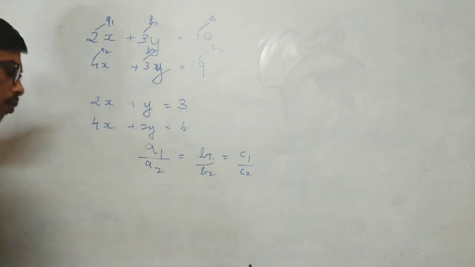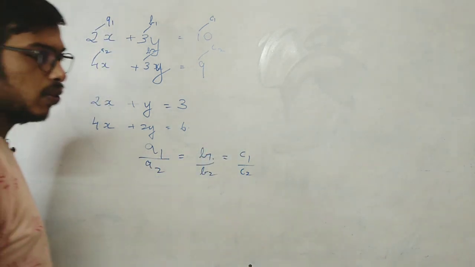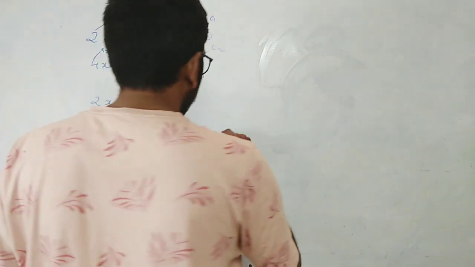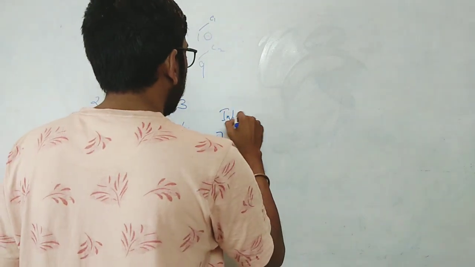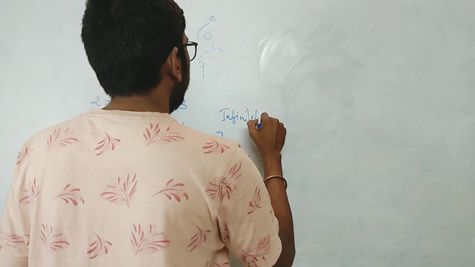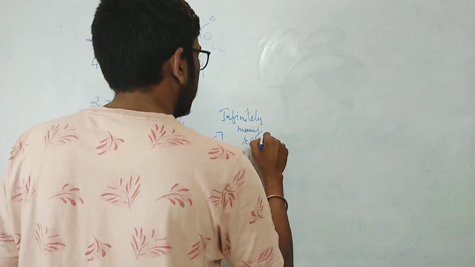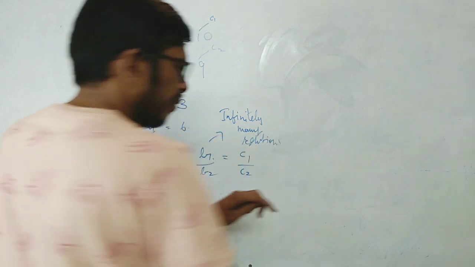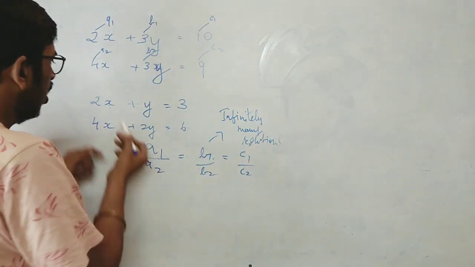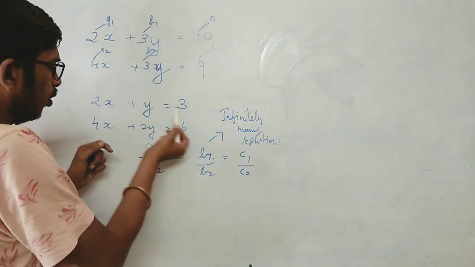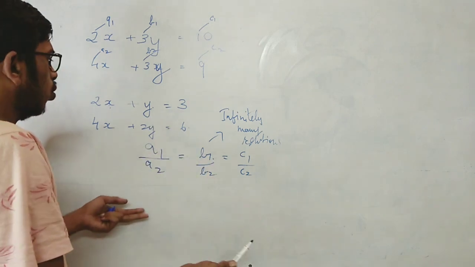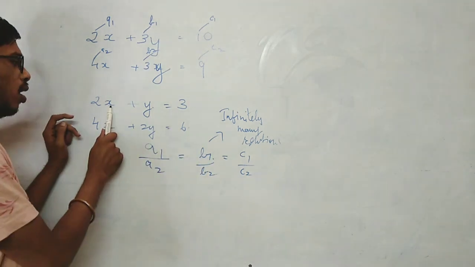Here in this case, A1 by A2 is equal to B1 by B2 is equal to C1 by C2, which means that it has infinitely many solutions. It's just that both these lines are the same. I get 2 comma minus 1 as a value for this one, and 2 comma minus 1 is a value for that also. Let's take something else: 1 comma 1.